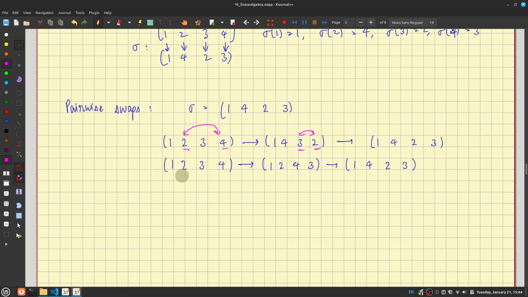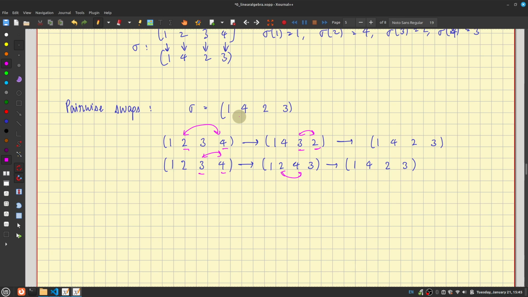I could first exchange 3 and 4, perform one swap to get 1, 2, 4, 3, and then exchange 2 and 4 to get 1, 4, 2, 3. So in both these cases, I had to do two pairwise swaps, but different swaps. Two different ways of reaching 1, 4, 2, 3 from 1, 2, 3, 4. Again, remember, I'm only allowed to make pairwise switches, nothing else.